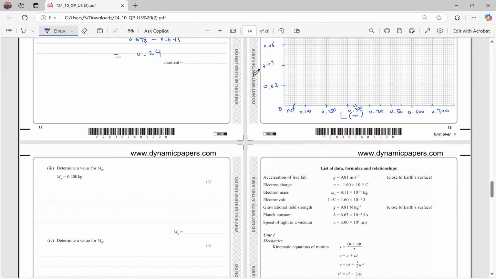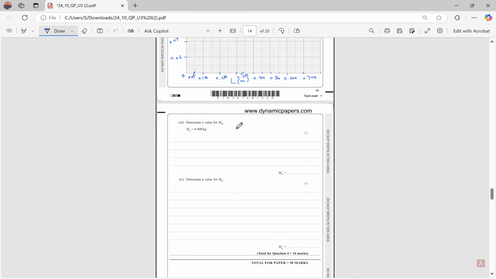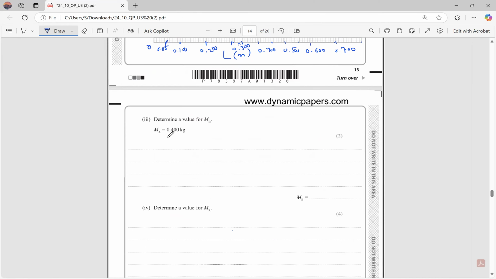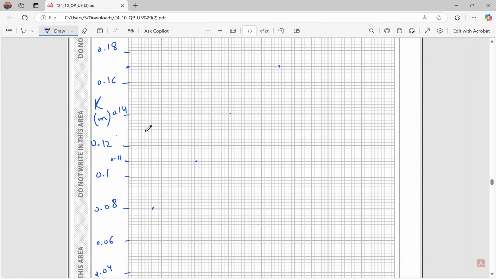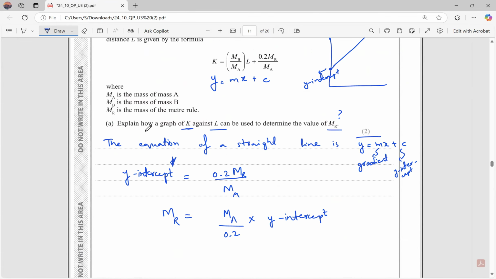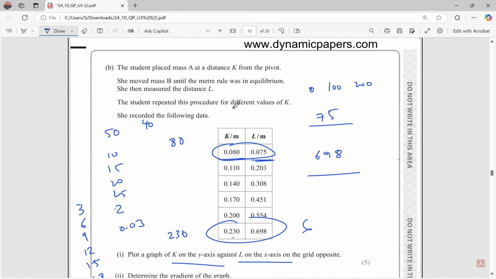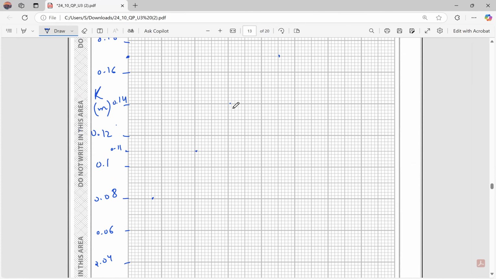Okay, moving on to part 3. It says determine a value for MB, and we're given MA. So let's move back here. No, over here. So MA occurs in the y-intercept. It also occurs in the gradient. So gradient is equal to MB over MA. Let's just use that.